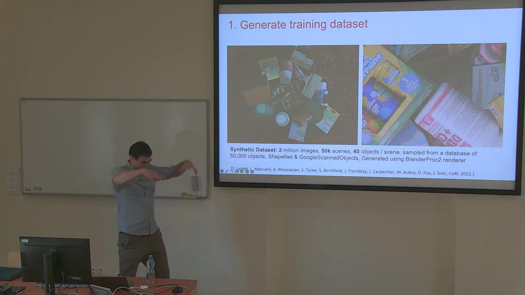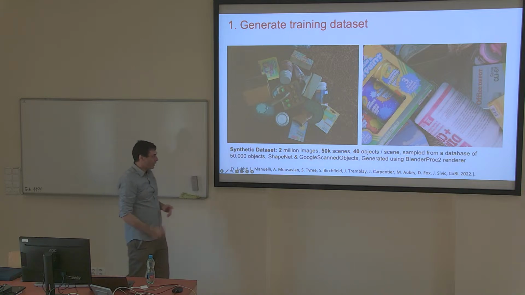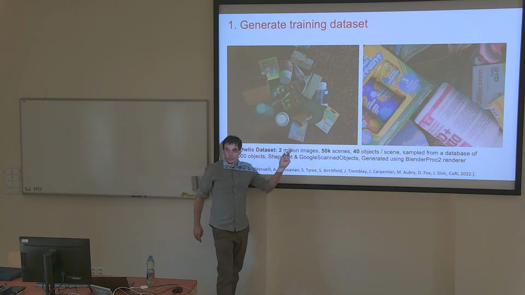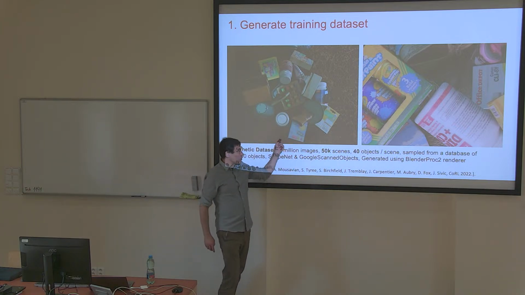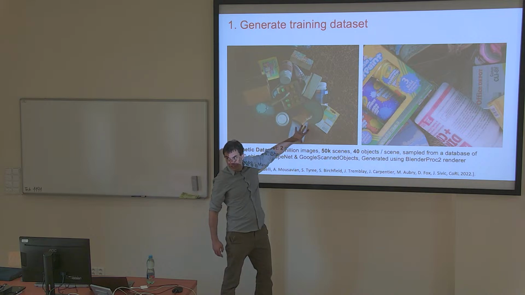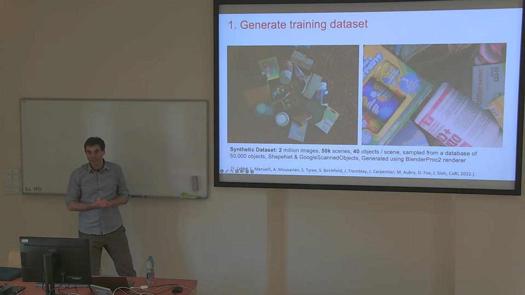One can take a simulator, drop 40 objects into a scene, render 50,000 scenes, and render 2 million images of those scenes. For each image, we know precisely what object it is and which pose it has, because we rendered it. So we can generate an arbitrary number of images like that.